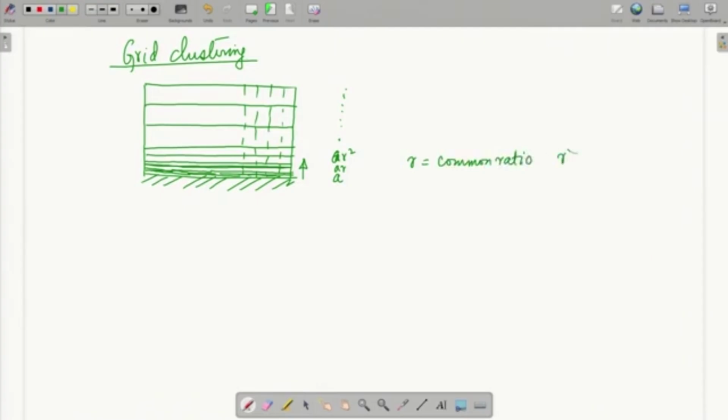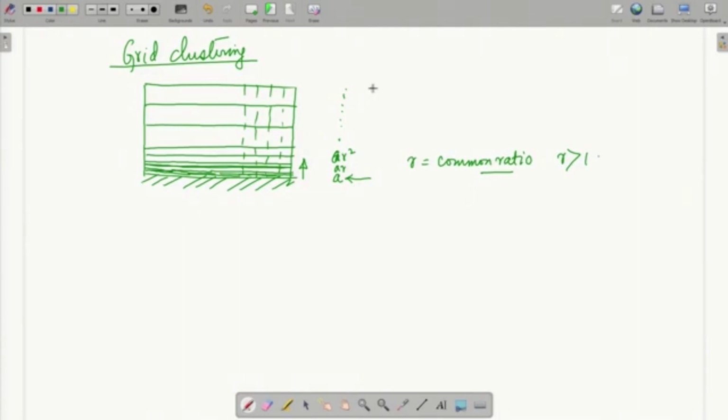If you have R greater than 1, then that means the thickness is gradually going to increase that way. So, you have the smallest thickness multiplied by a common ratio which is greater than 1. So, the thickness gets slightly enhanced at the next level and so on.